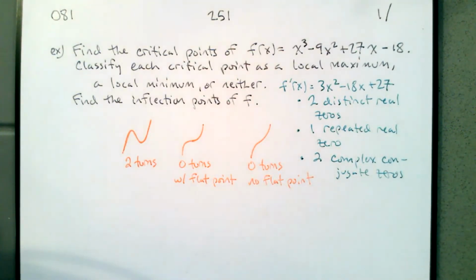This is what we know about quadratic functions. We've got to have 2 zeros, so it's either 2 distinct real zeros, 1 repeated real zero, or 2 zeros that are complex conjugates. And those correspond to our 3 possibilities for the number of turns.